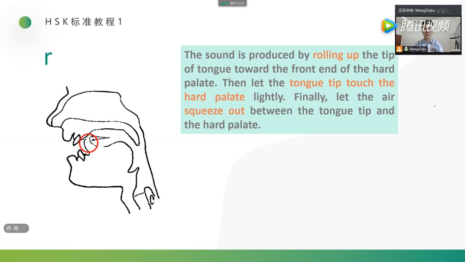Then let the tongue tip touch the hard palate lightly. Finally, let the air squeeze out between the tongue tip and the hard palate. Listen.